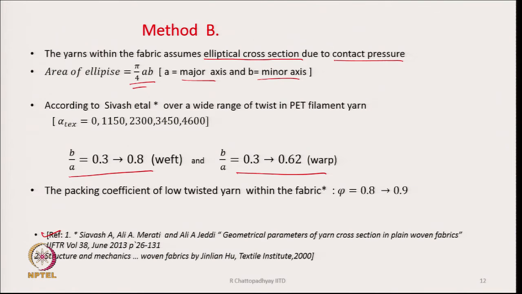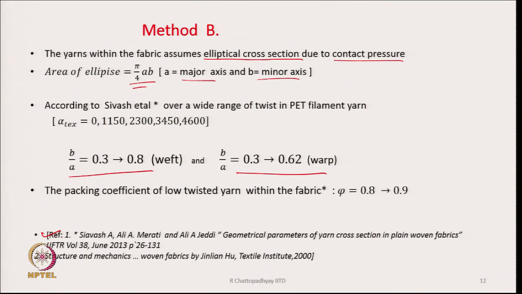Here they have taken filament yarns, twisted them to different levels, woven them with the same ends and picks per inch, and then cut the cross section of the fabric and measured both the minor and major axis.